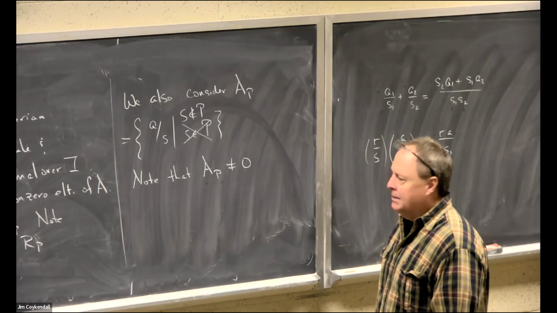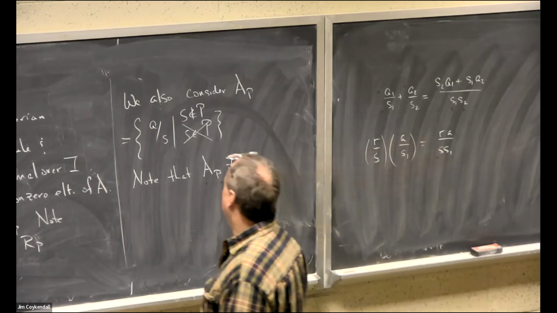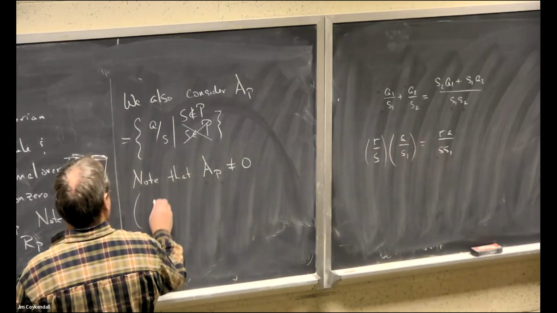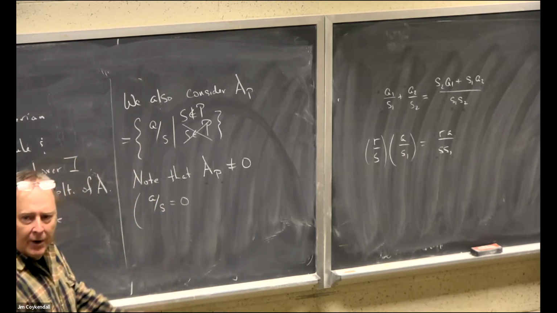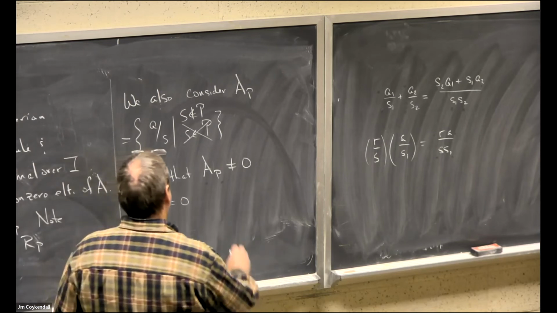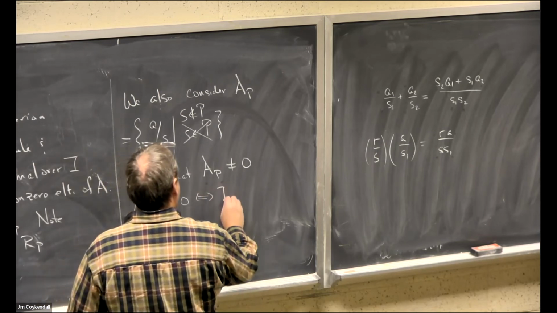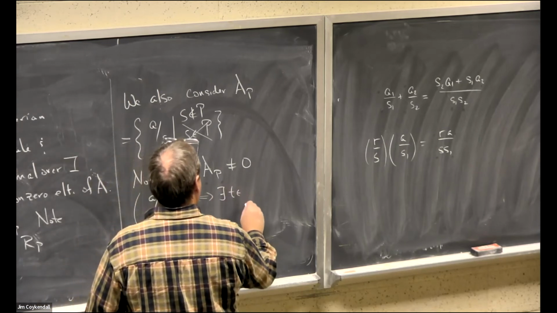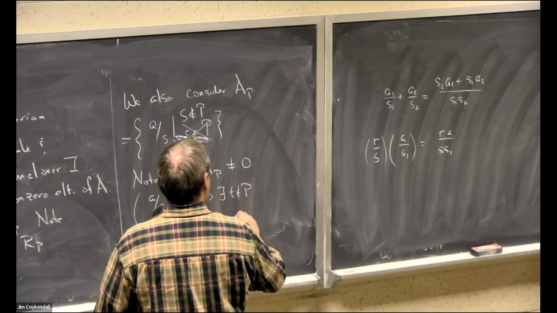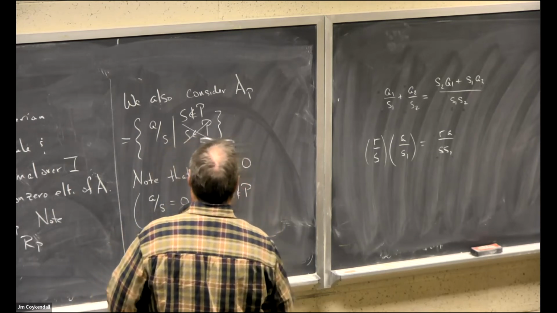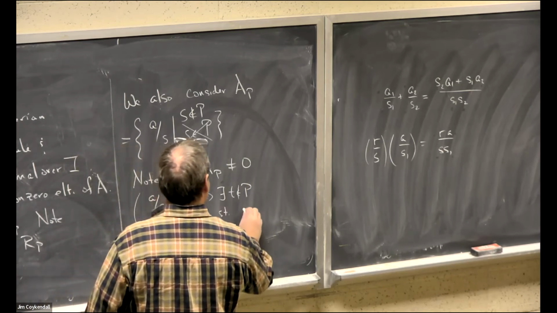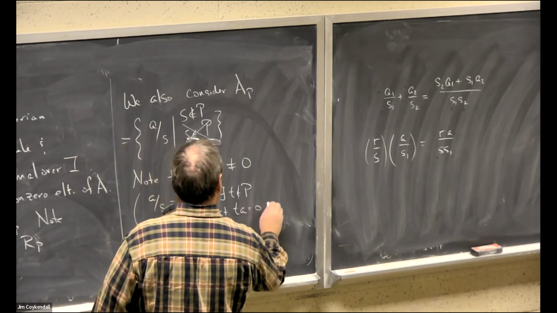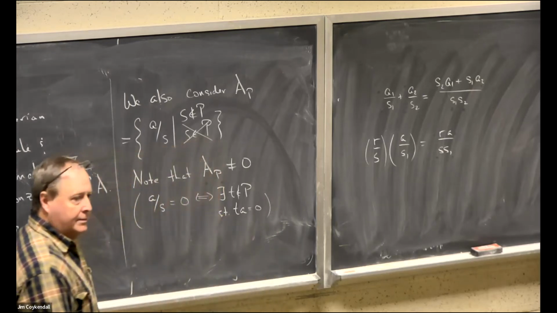Why is that? Let me justify that really quickly. What does it take for A over S to be zero? This is true if and only if there exists a T in S, not in P, such that TA equals zero.